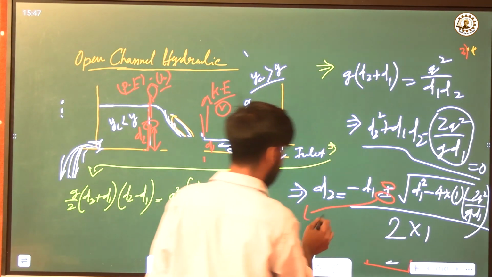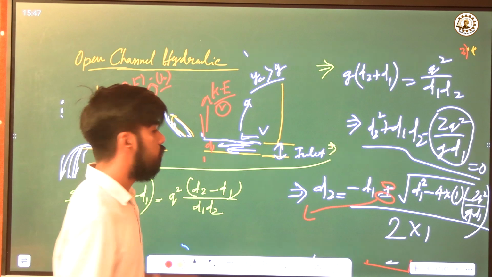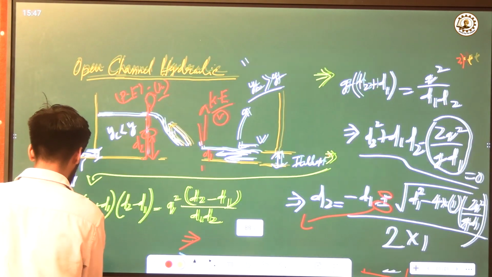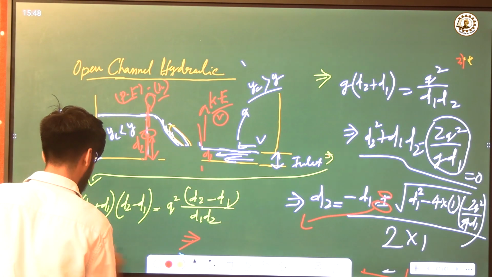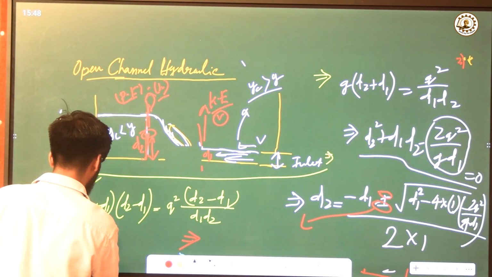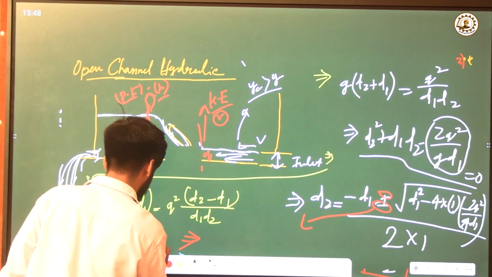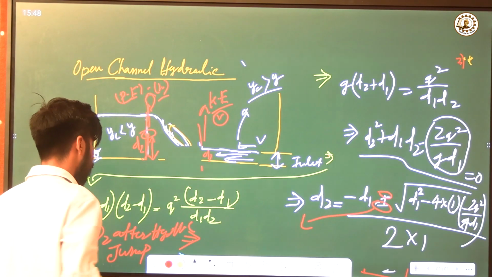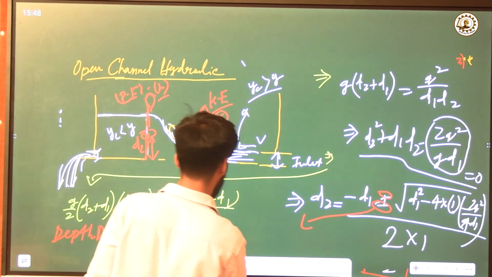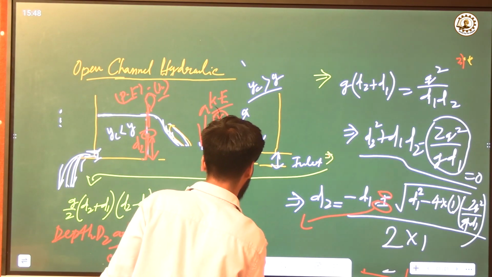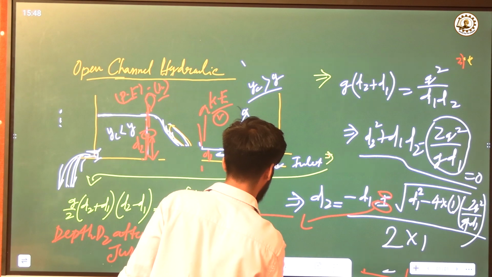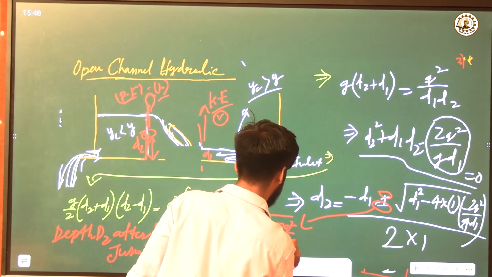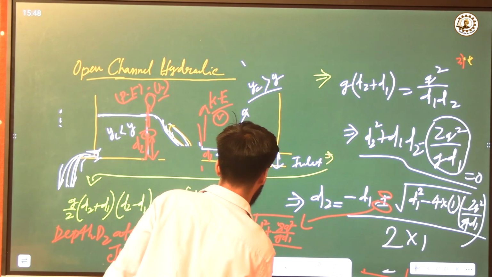For the minus value we can't have a negative depth, so we only consider the positive value. Then the depth d2 after the hydraulic jump is nothing but, taking the plus value, minus d1 plus the square root of d1 squared plus 8 q squared by g d1, all divided by 2.